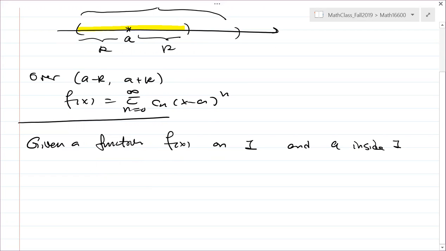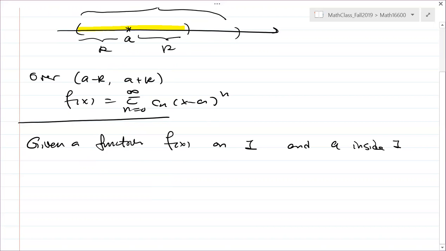Questions: how do we know whether we can find a power series representation for the function? That's the first question. Second question: if it exists, can we find it easily?